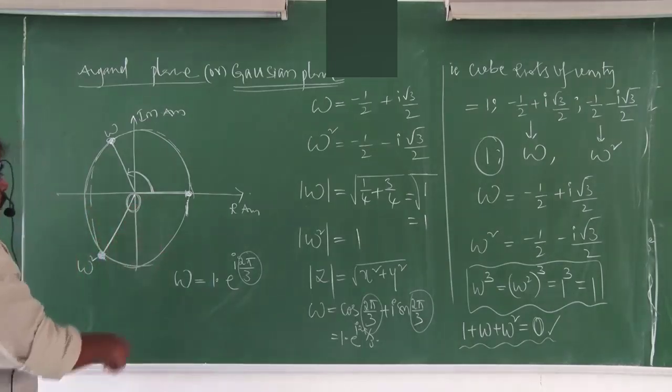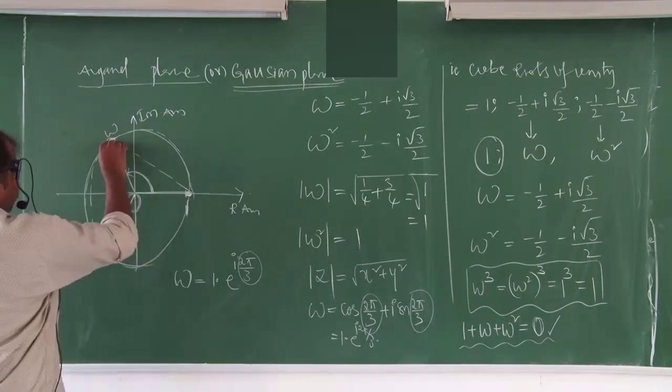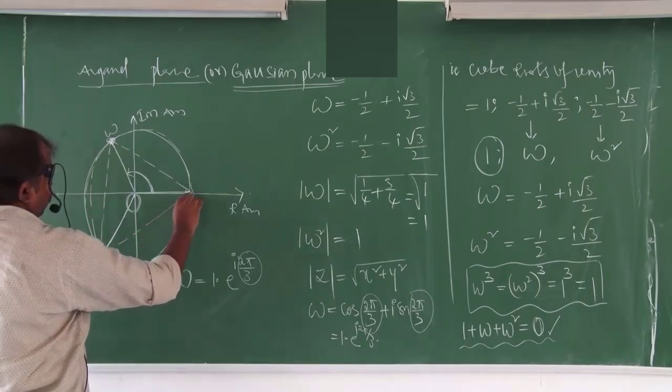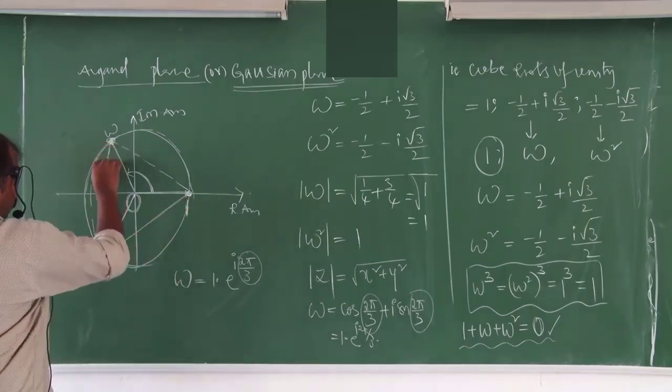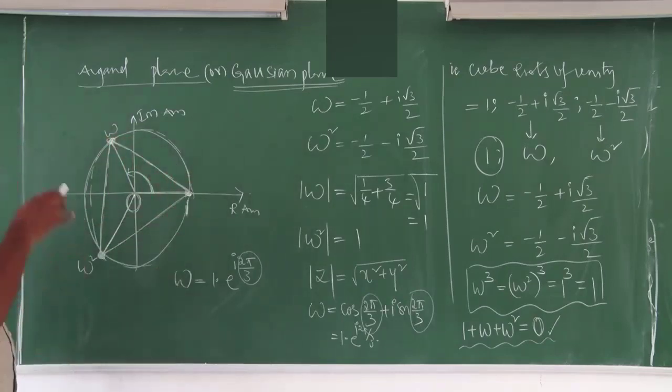And if you join these points like this, then 1, omega, and omega square form an equilateral triangle. That is also important.